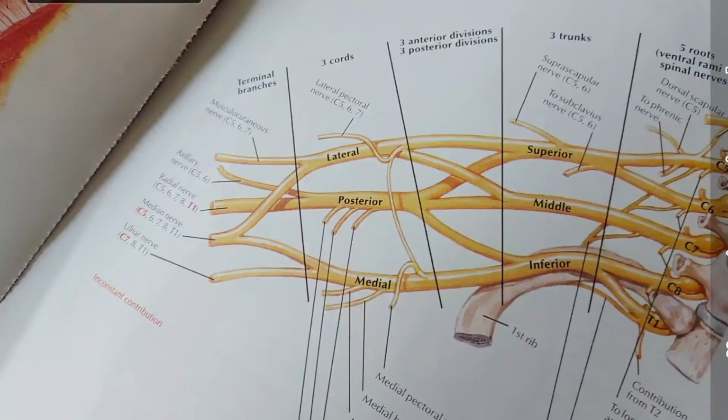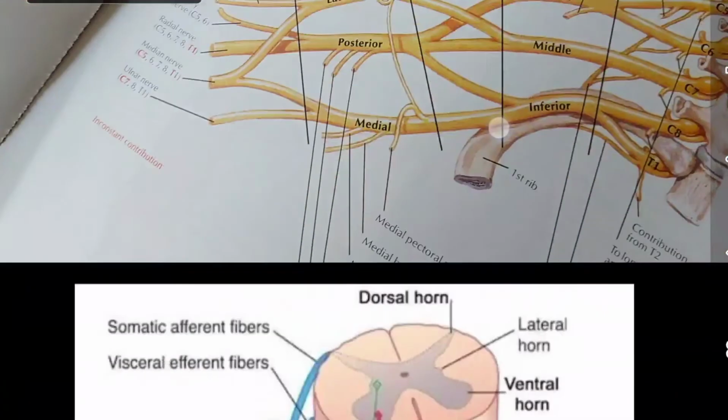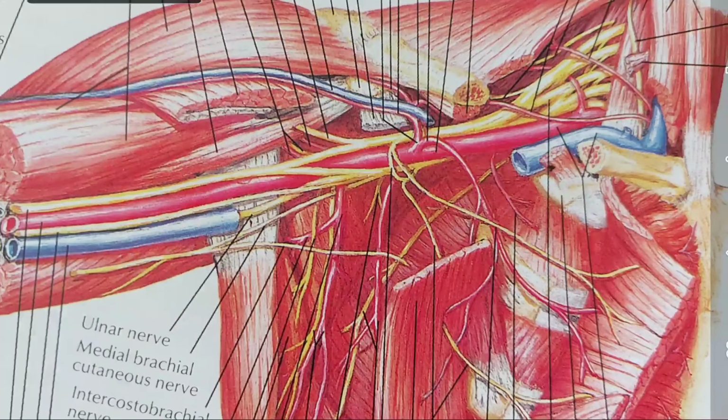So we see that the inferior trunk is formed by two roots. This is cervical 8 and thoracic 1. So if we trace back this medial pectoral nerve, it comes from the anterior division of the inferior trunk. This inferior trunk comes from cervical 8 and thoracic 1. These are the root values of this medial pectoral nerve.